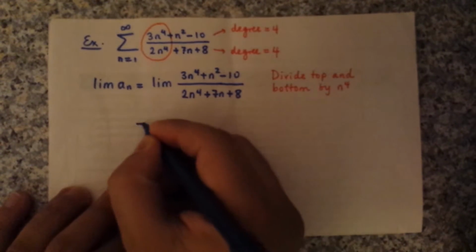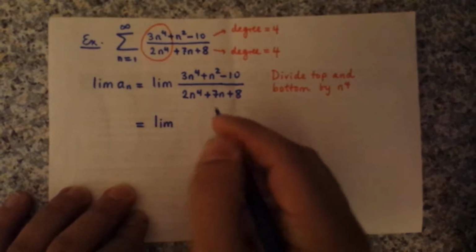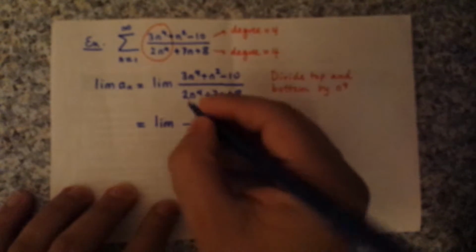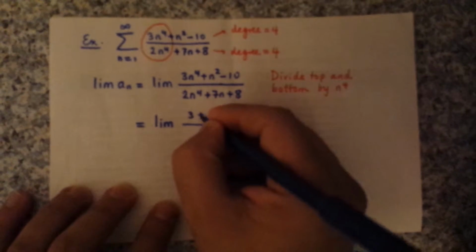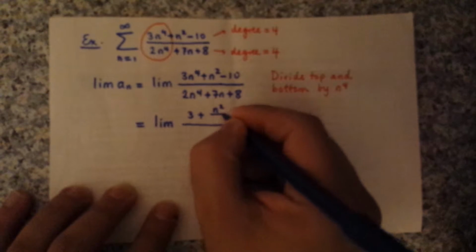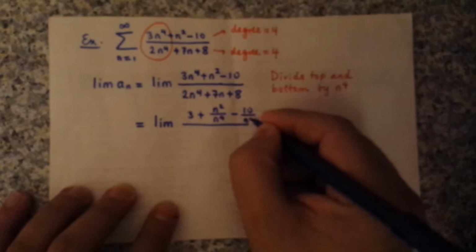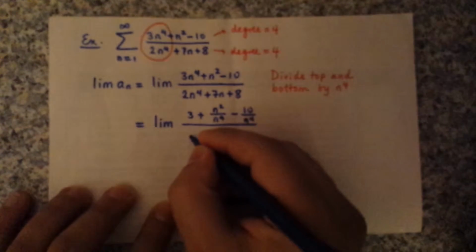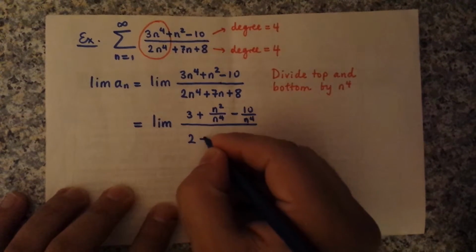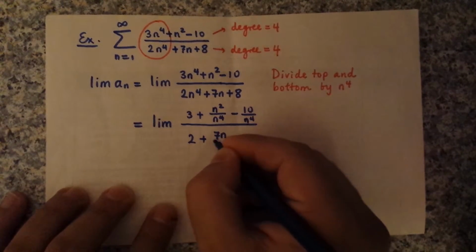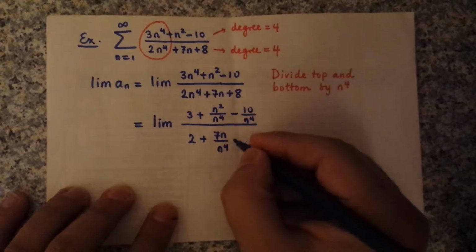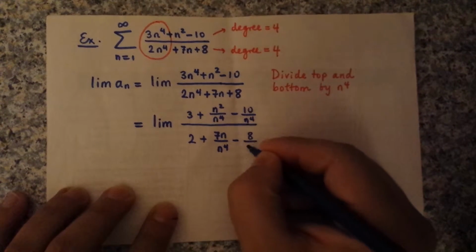If we divide by n to the 4, we get the limit of 3 plus n squared over n to the 4, minus 10 over n to the 4, over 2 plus 7n over n to the 4, minus 8 over n to the 4.